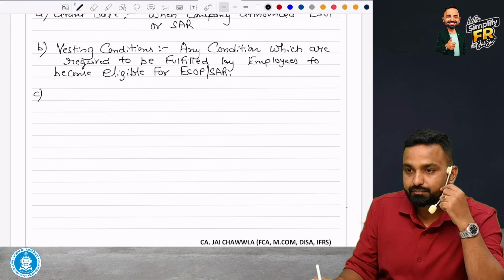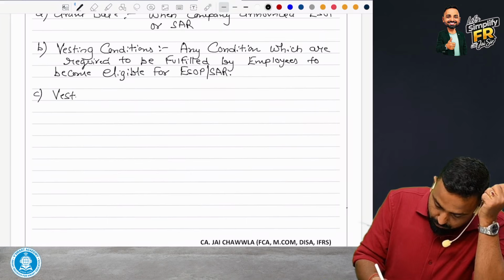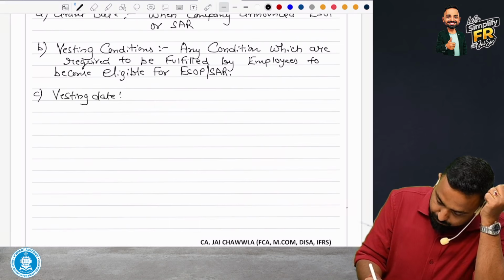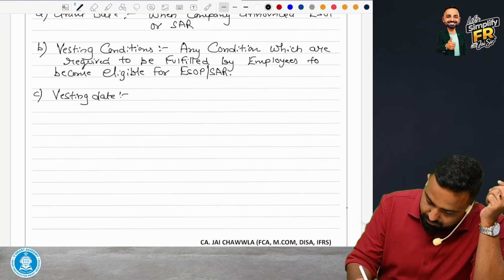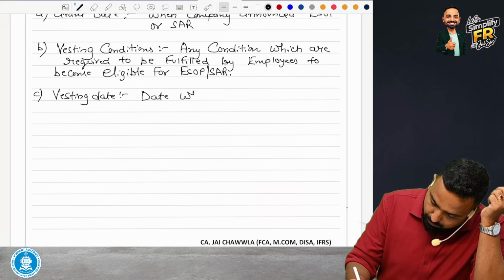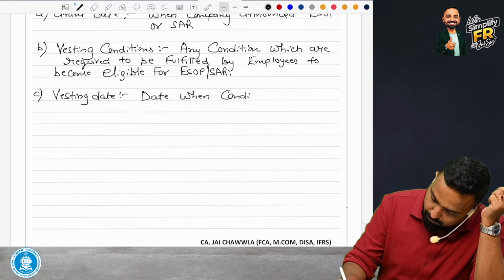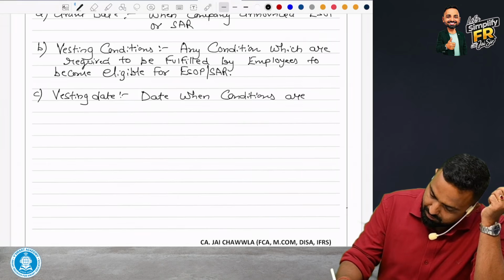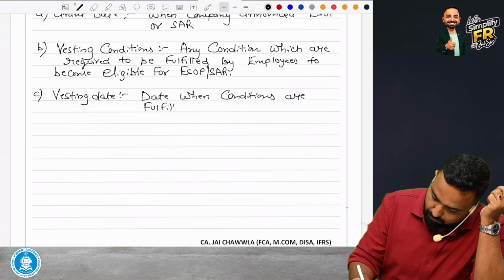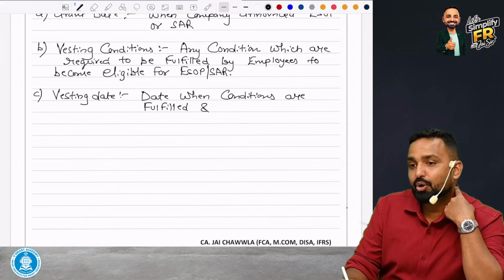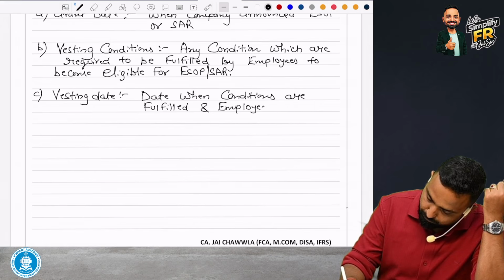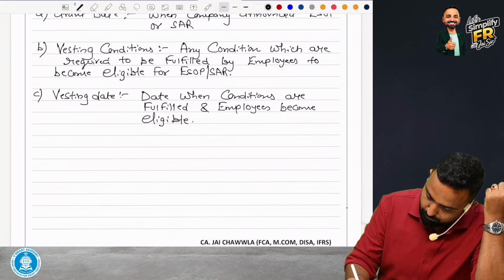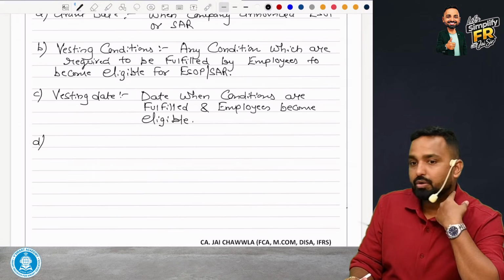Third, vesting date. What is vesting date? Date when the condition is fulfilled. When conditions are fulfilled and employees become eligible. Okay, next.